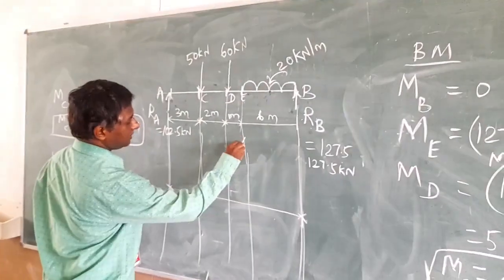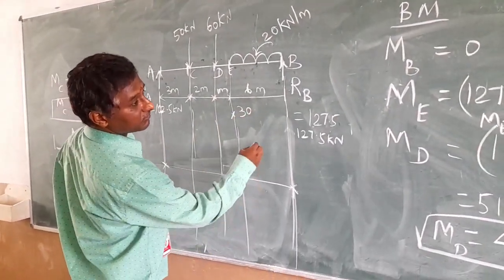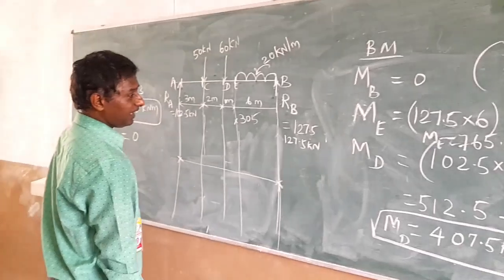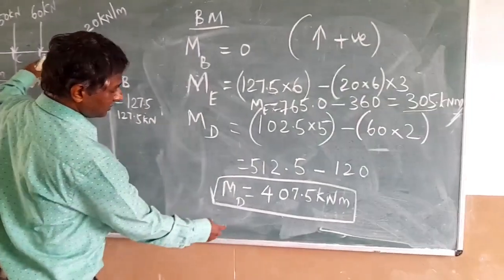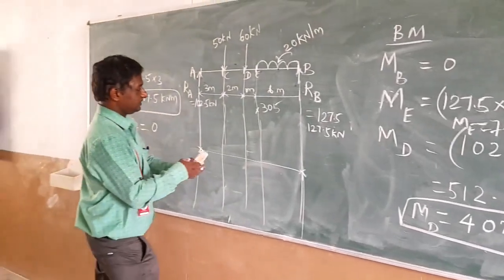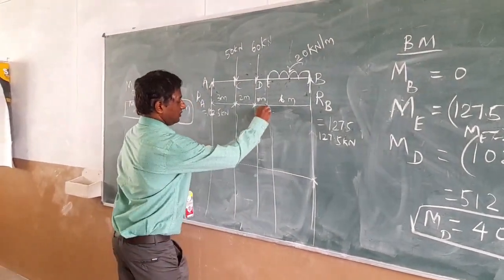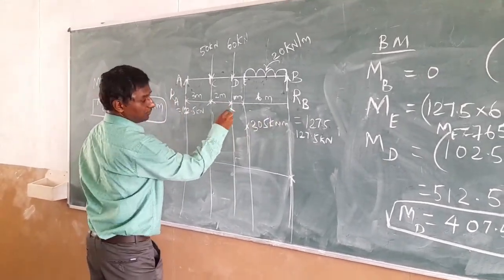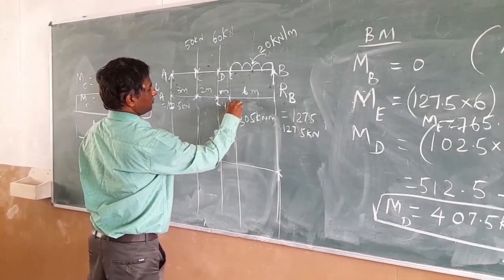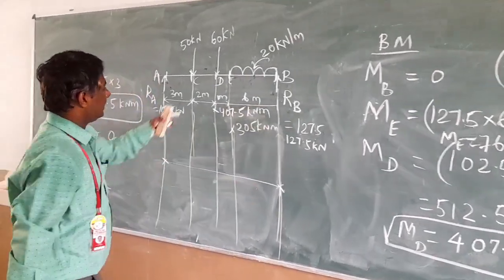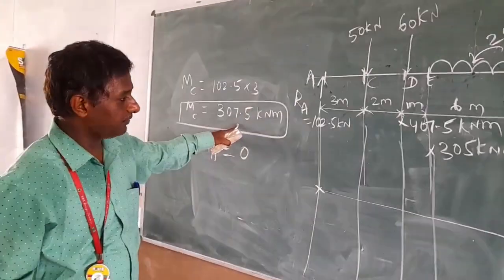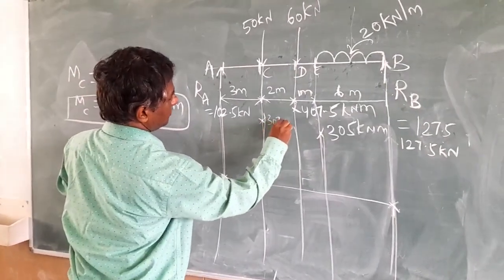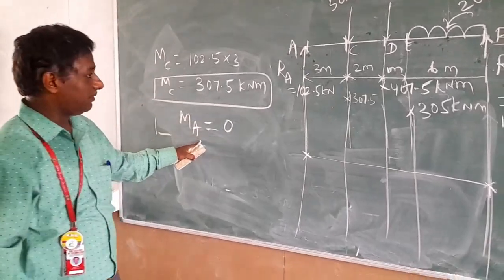So M at E is 305 kilonewton meter. Next, M at D point is 407.5 kilonewton meter, and M at C it is 307.5 kilonewton meter, and M at A is equal to 0.